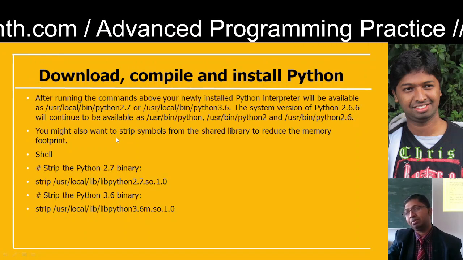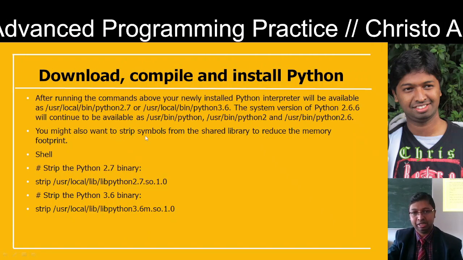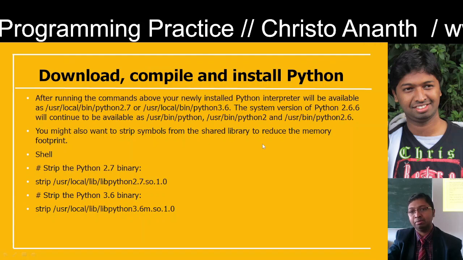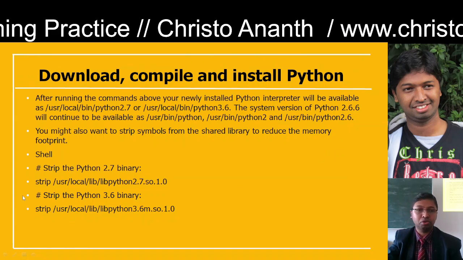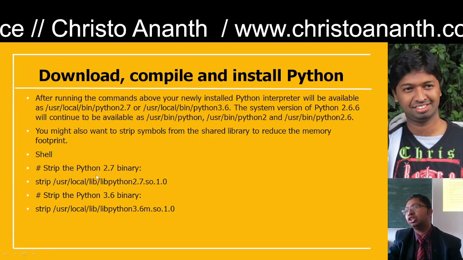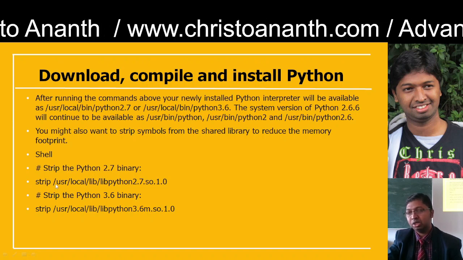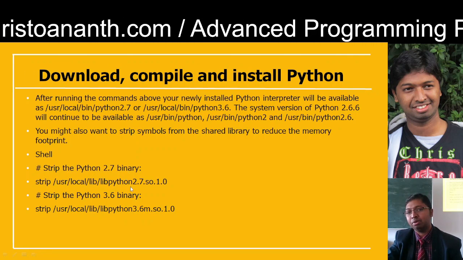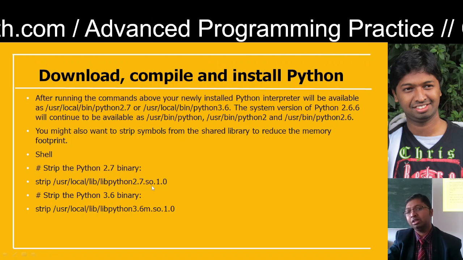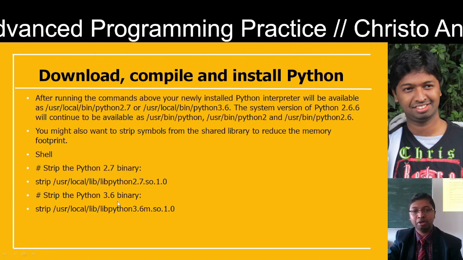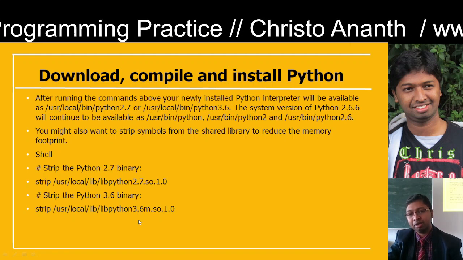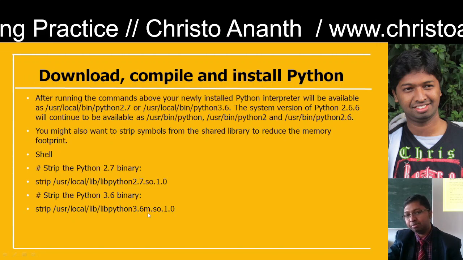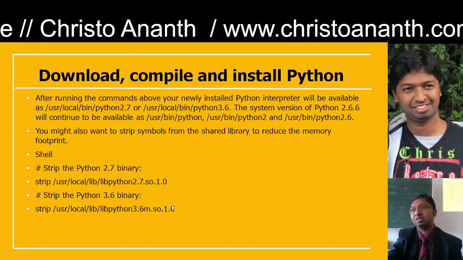So maybe you can strip the extra libraries, okay, strip the symbols from the shared library in order to reduce the memory footprint, okay. So strip the Python 2.7 binary, so strip /usr/local/lib, in this is the library libpython2.7.so.1.0. So maybe if you are using 3.6, you will go for libpython3.6m.so.1.0. So this is the difference.